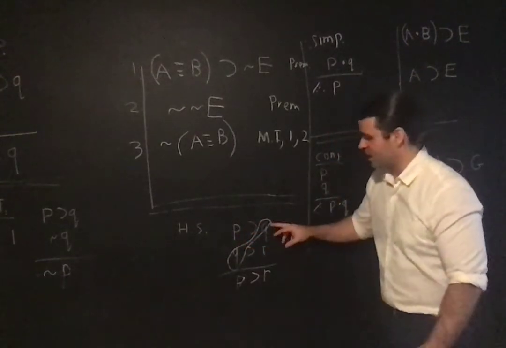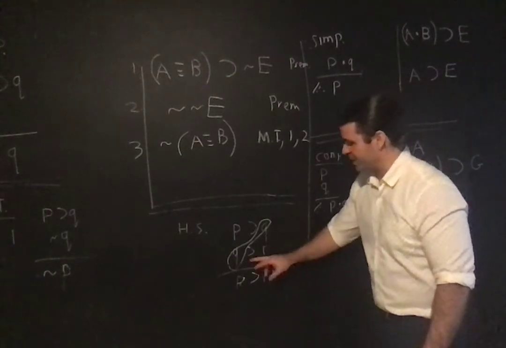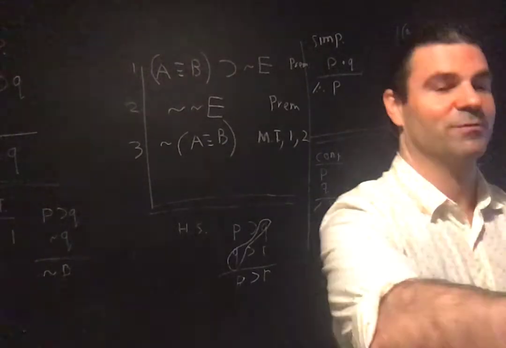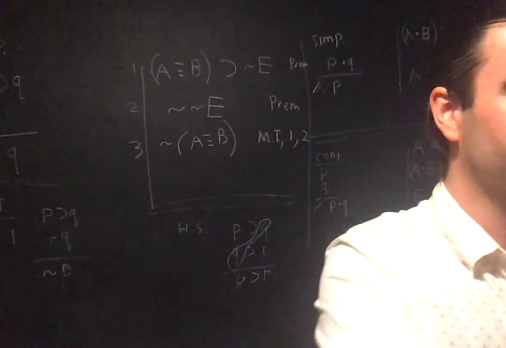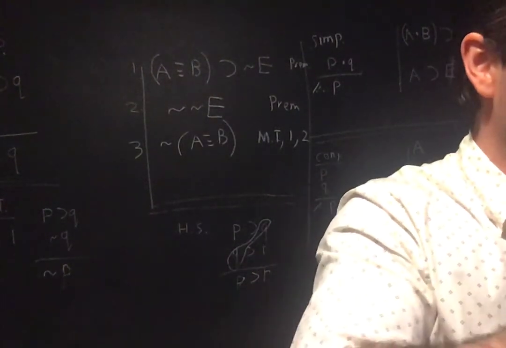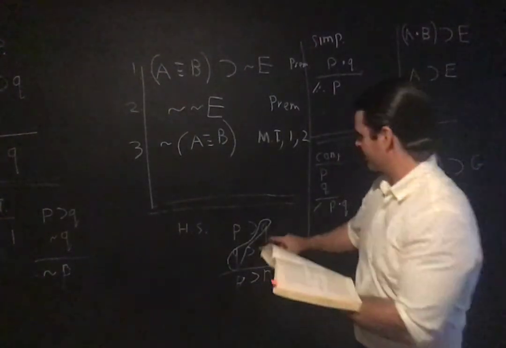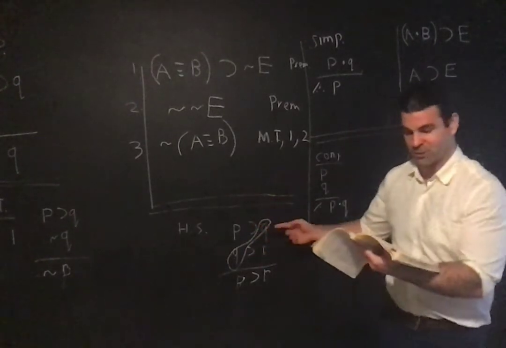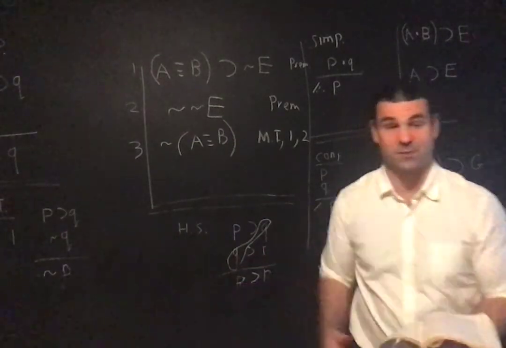Given that, you're entitled to infer a conditional where the antecedent is the antecedent of the first and the consequent is the consequent of the second. How does it work? Hypothetical syllogism: given two conditionals in which the consequent of the first is identical to the antecedent of the second, you may infer the conditional whose antecedent is the antecedent of the first and whose consequent is the consequent of the second.